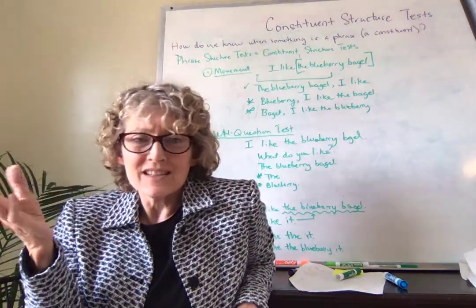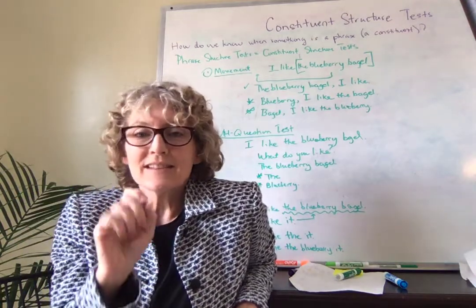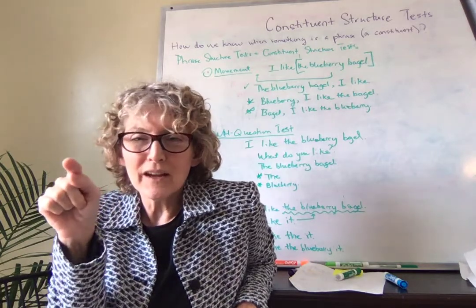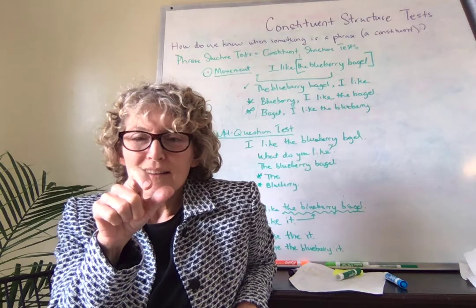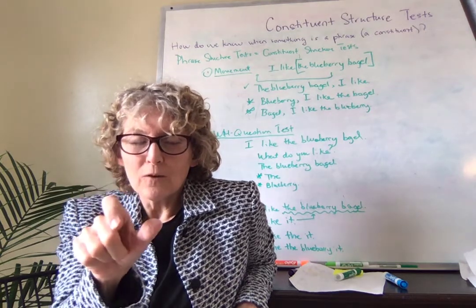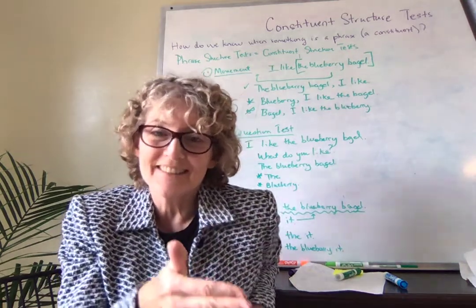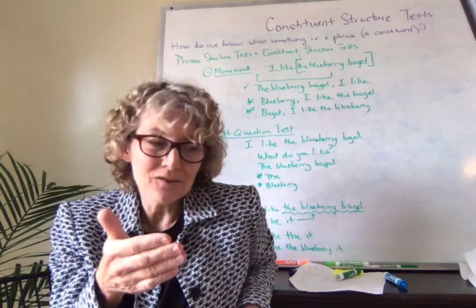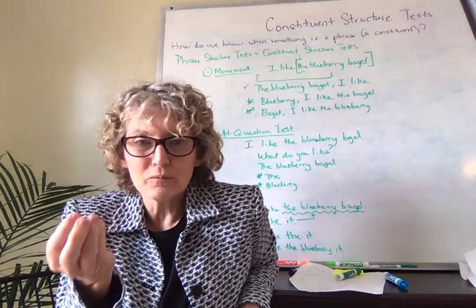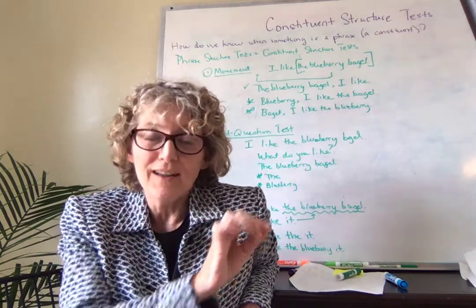That sounds like a fine sentence, but then what is the meaning of the sentence? The meaning of the sentence is different, because blueberry is not talking about the bagel now. Bagel is describing the name of the person that you're talking to, right? So, hey, bagel, I like the blueberry. Now blueberry is talking about the fruit, blueberry, but it's not saying that bagels, which are blueberry, are the things that I like.